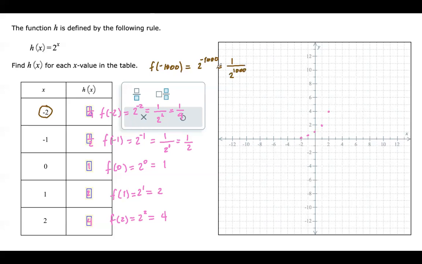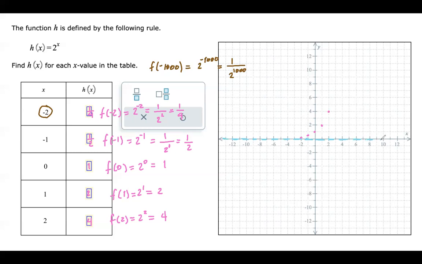So the more you move toward minus infinity, or to the left, the closer you're going to be to 0, but never actually reaching 0. So that brings an asymptote. This asymptote will only be approached by the exponential, but never actually reached.